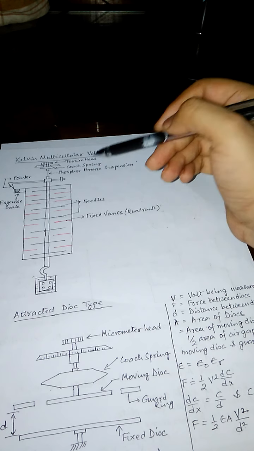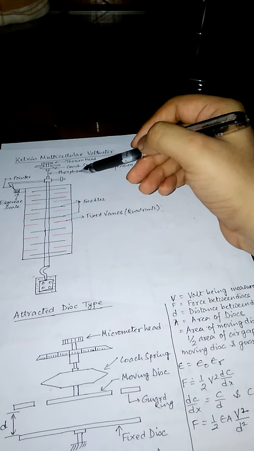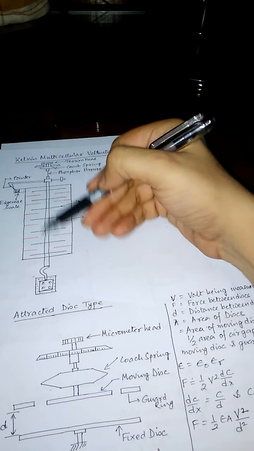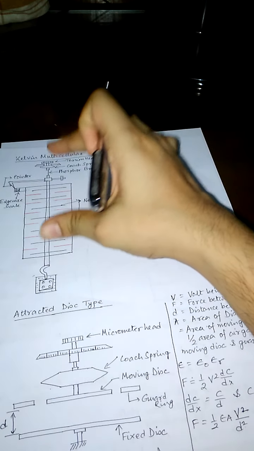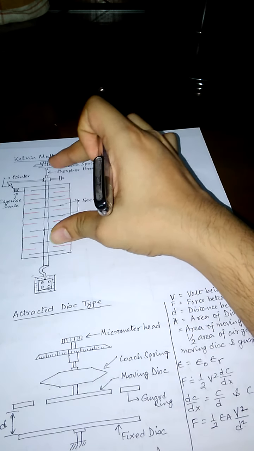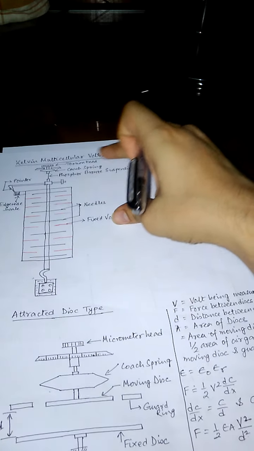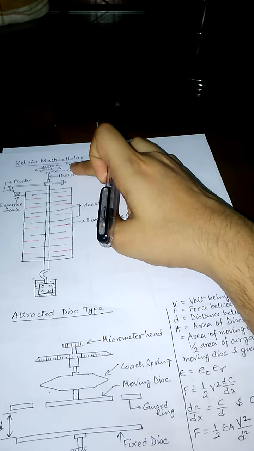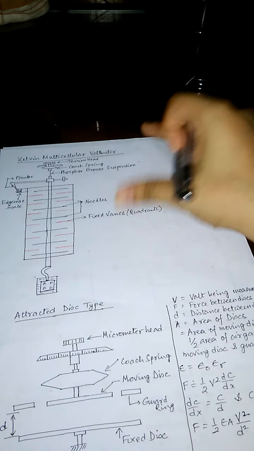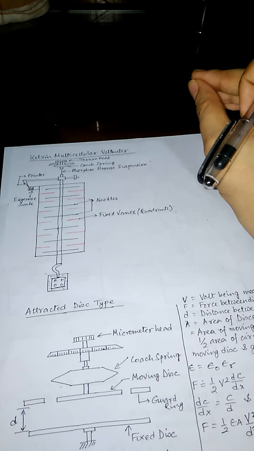The coach spring provides protection against breaking of the suspension due to vibration. Due to vibration the suspension can be broken, so to protect against the vibration effect we use this coach spring. And there is a torsion head. The function of the torsion head is to provide the zero setting.